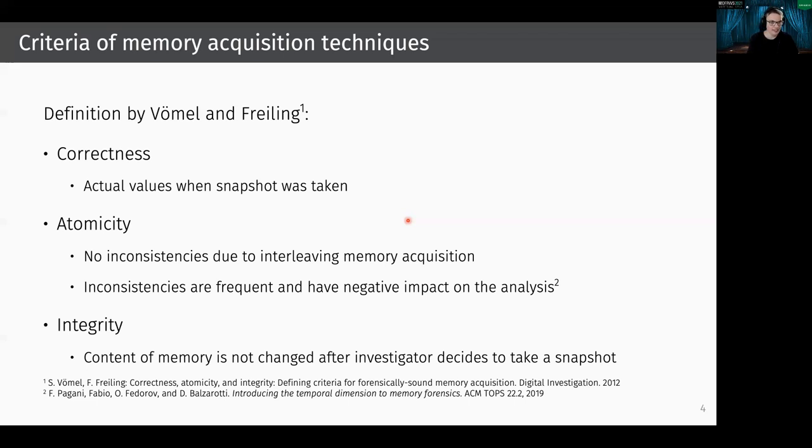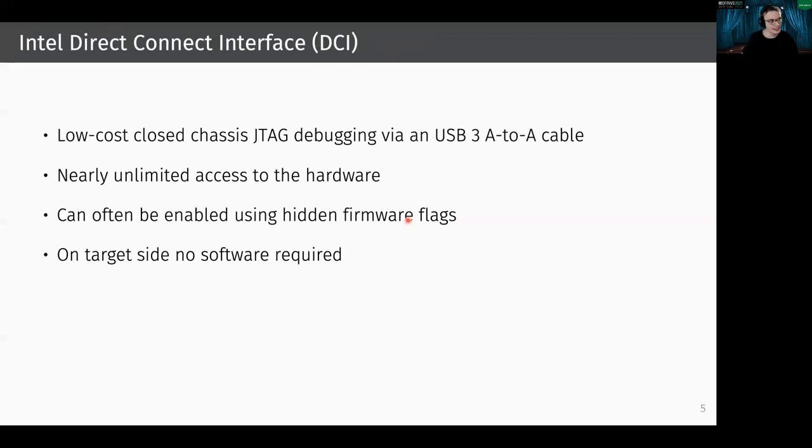So then let's take a look at Intel DCI. First, what is Intel DCI? DCI stands for Direct Connect Interface, and it's a technology by Intel that allows you to debug the computer or the hardware using a USB-A to USB-A cable.